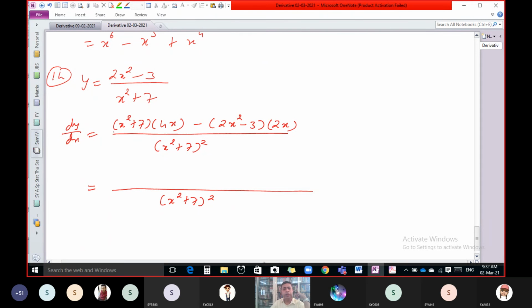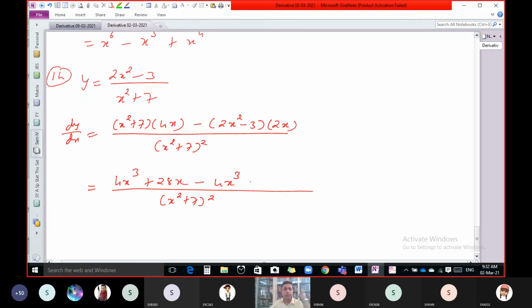What is the simplification of numerator? 4x cube plus, correct, minus 4x cube. Open the bracket, 4x cube minus or plus? Plus 6x.